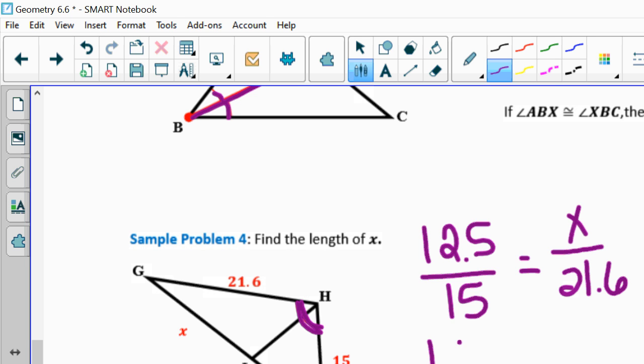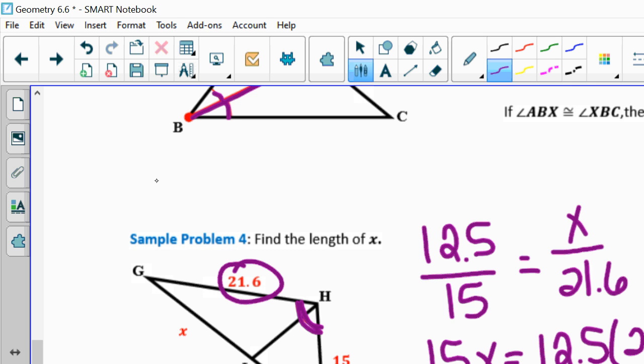Cross multiply, 15X equals 12.5 times 21.6. 15X equals 270. Divide by 15, X equals 18. Does that make sense? This was the bigger one, so this would have to be bigger than this, right? 18 is bigger than 12.5, so that makes sense.